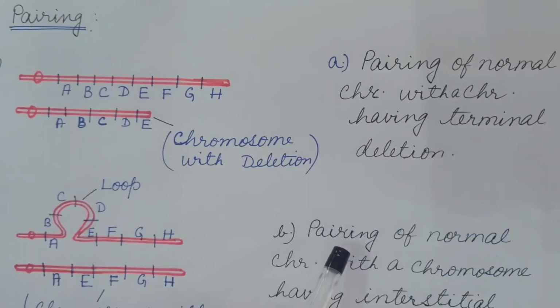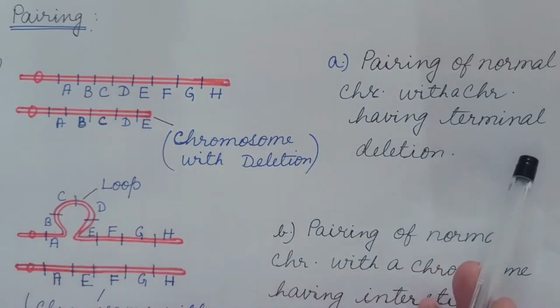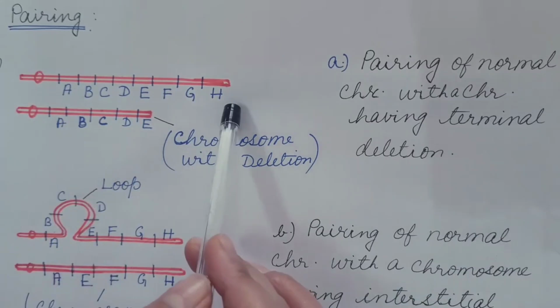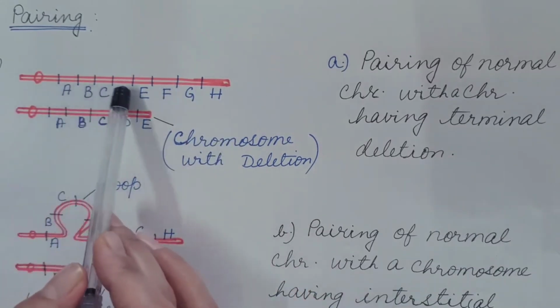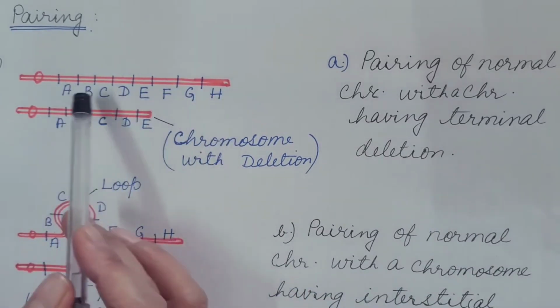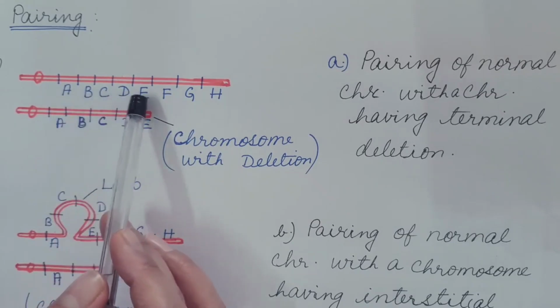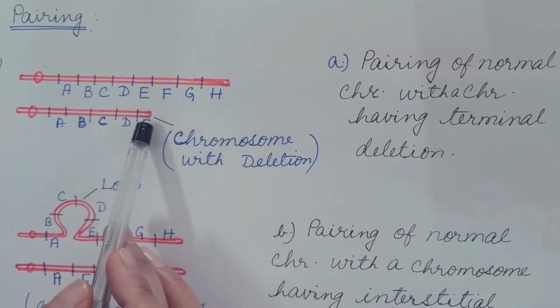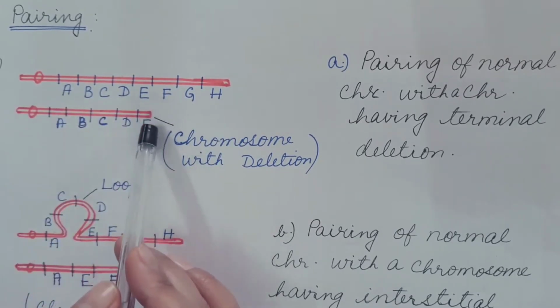We know that during meiosis, the pairing of homologous chromosomes takes place. When a chromosome with deletion pairs with its normal non-deleted homologue, what happens? If we talk about terminal deletion, we can see this in the figure. This is the normal chromosome which has genes A, B, C, D, E, F, G, H, and this is the chromosome with deletion.